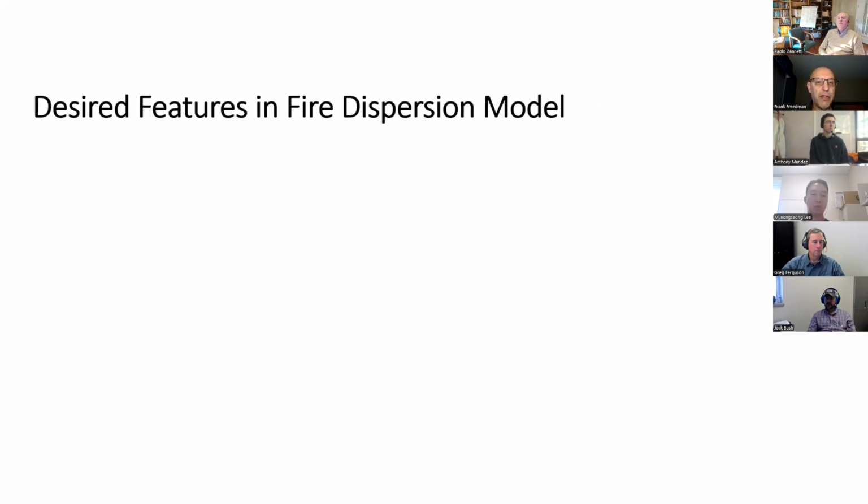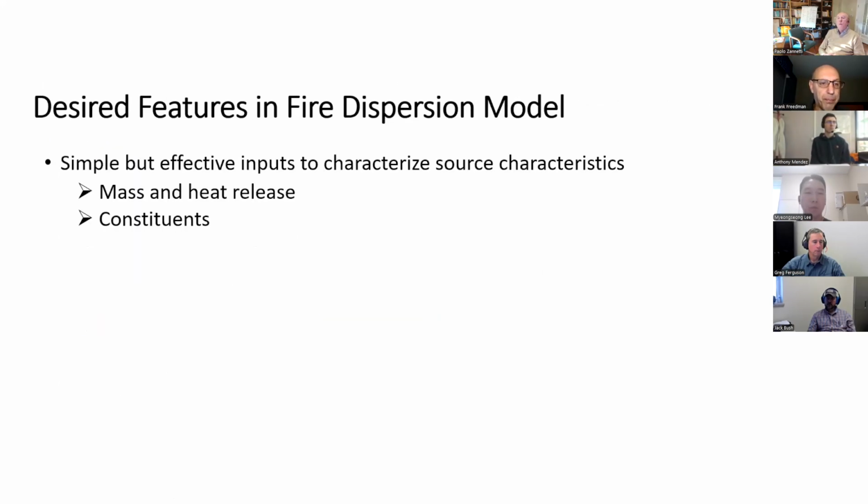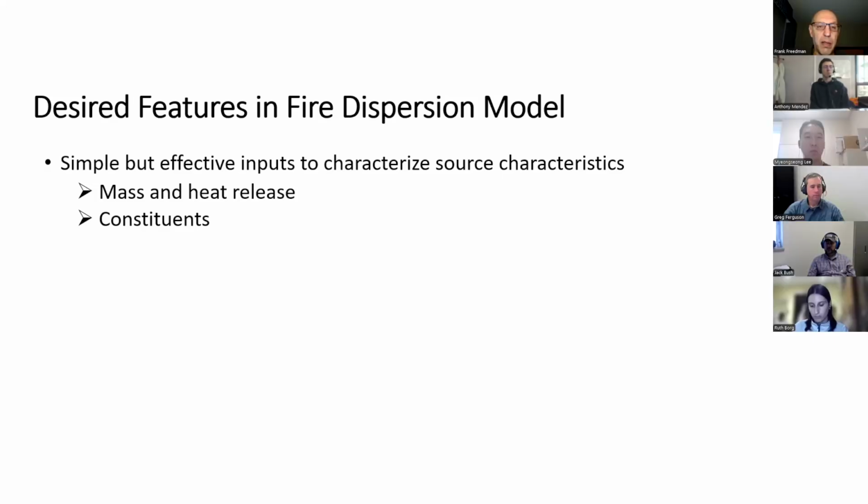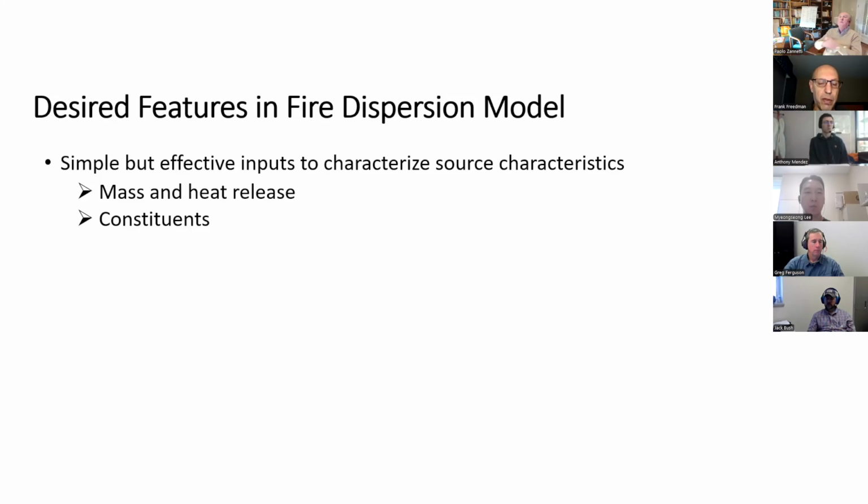Some desired features of fire dispersion modeling. Simple but effective inputs to characterize source characteristics. So fires are very complex, and if you really want to get into the details of the pyrolysis and combustion, you can have very elaborate models, and a lot of these are options in various fire models that are out there, depending on how the user wants to configure the inputs.